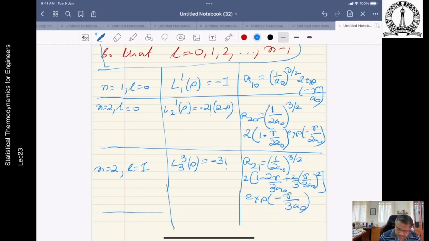So on and so forth. You can compile all these numbers. It is also given in the book, which is table 6.3.